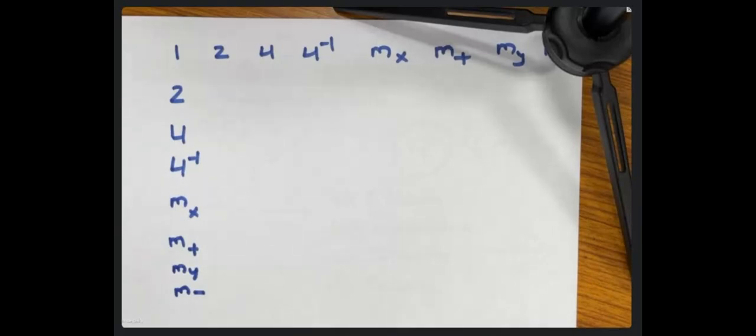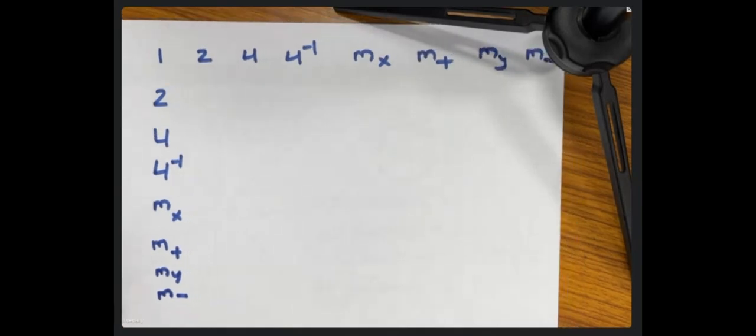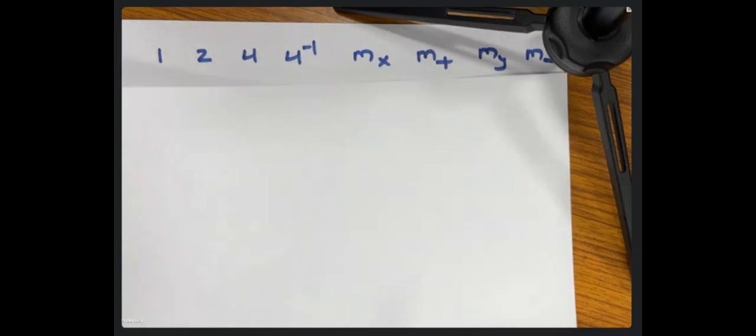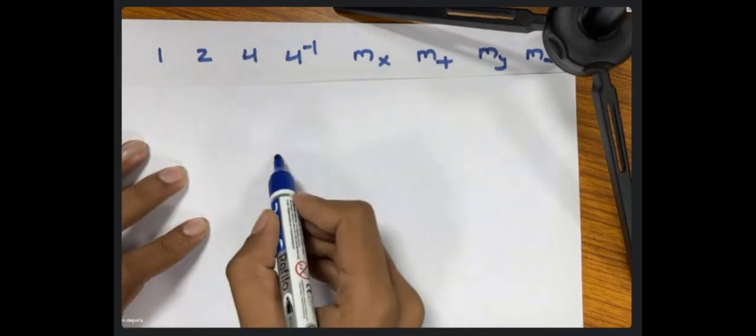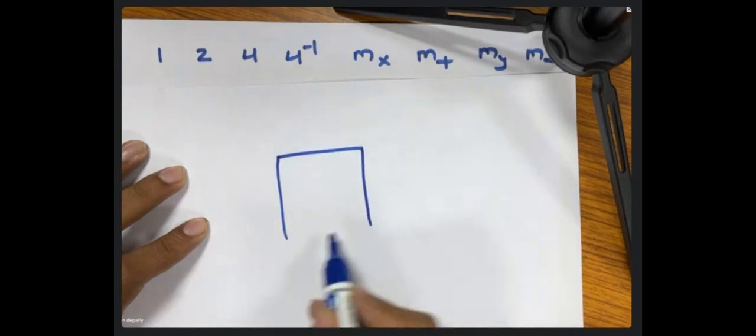We have seen how the professor did it for the H. We will do a similar thing for our square itself. So let's mark all the symmetries in the square for the time being, so that we know how things are going to change.